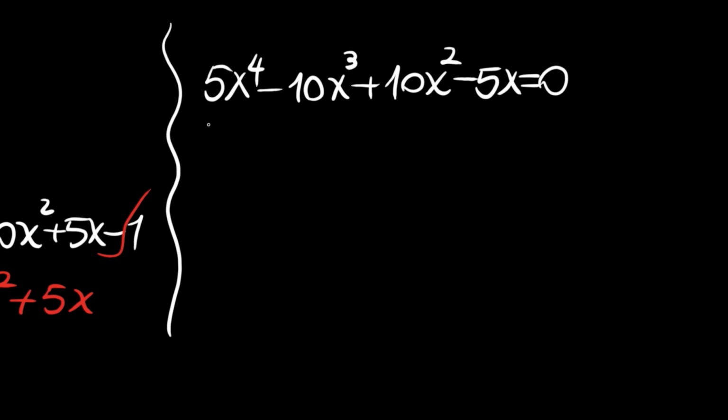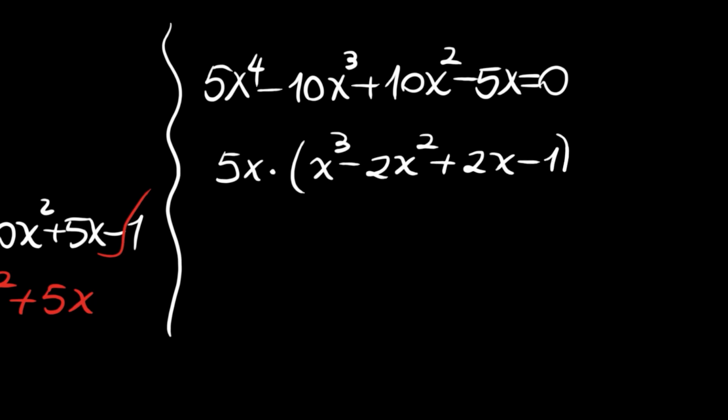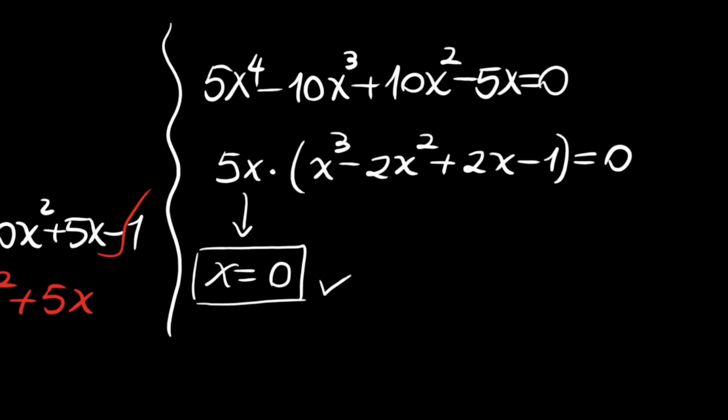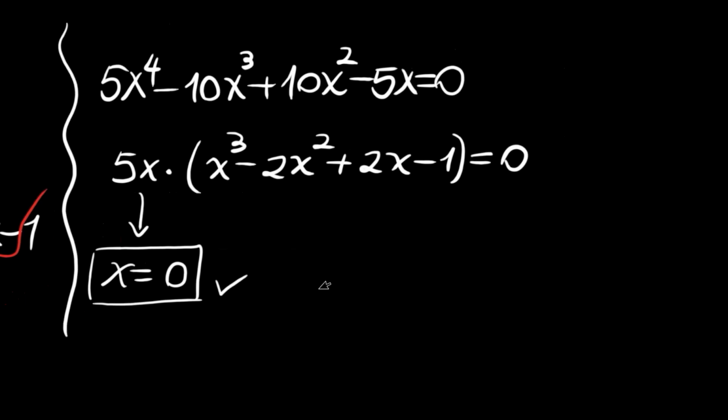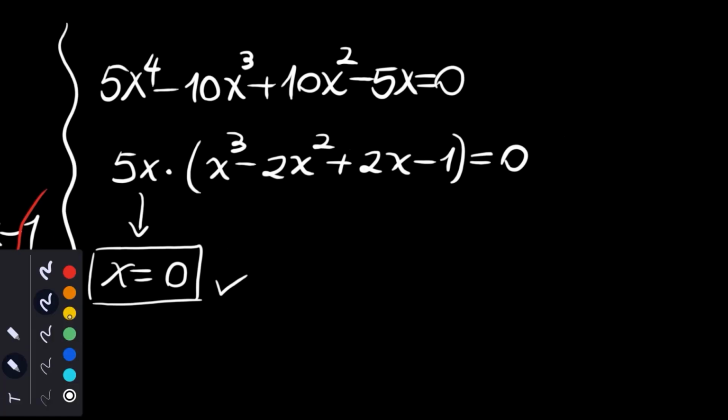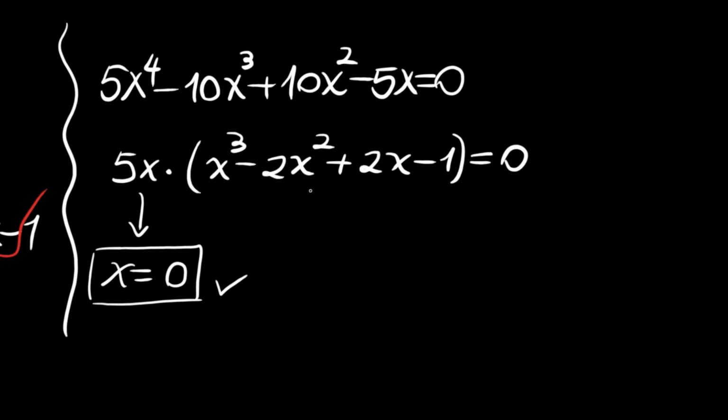Now factoring out 5 times x, we will have x cubed minus 2 times x squared plus 2 times x and minus 1. This is equal to 0 now. Then we have x is equal to 0, the first root we reached in this method, and we have a cubic now, x cubed minus 2 times x squared plus 2 times x minus 1.